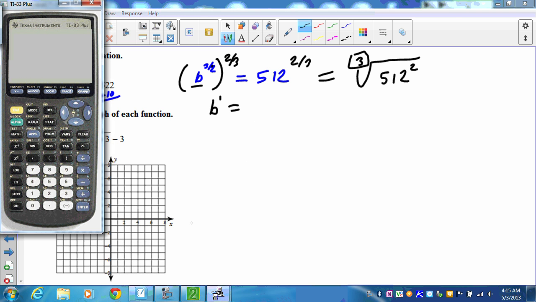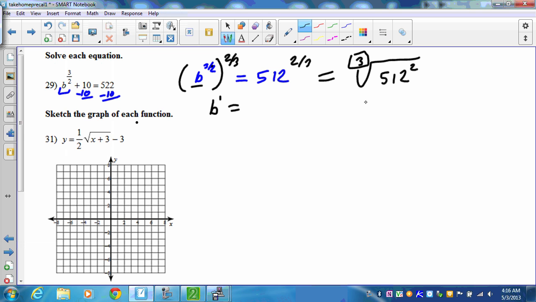So let's just use a calculator to double check ourselves. So let's take the 512 and let's raise it to the 1/3 power. And that equals 8.